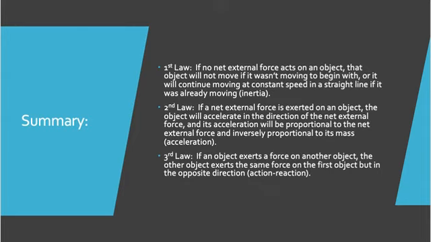Lastly, his third law states that if an object exerts a force on another object, the other object exerts the same force on the first object, but in the opposite direction. Again, tying back into action-reaction. And that completes chapter 3.